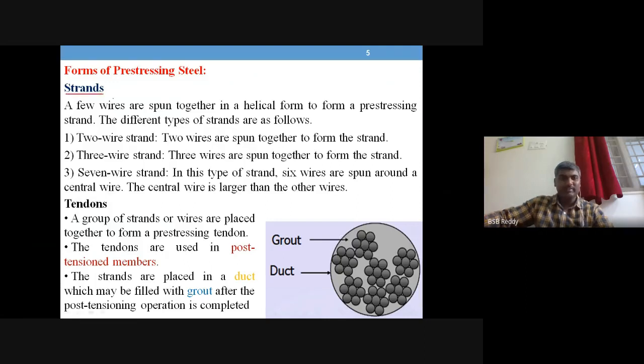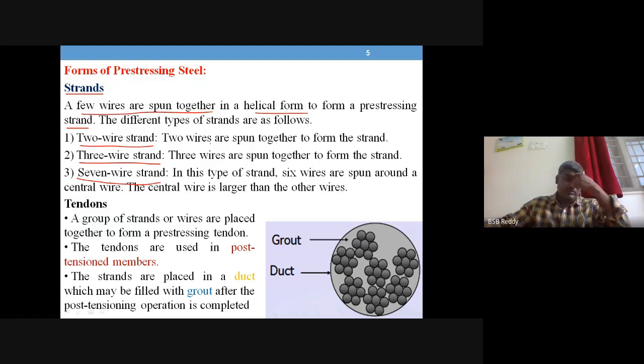Then strand. A strand is where a few wires are spun together in a helical form to form a pre-stressing strand. You take a few wires and twist them in the helical form, and that will become a strand. There are three types of strands available: a 2-wire strand, a 3-wire strand, and a 7-wire strand.